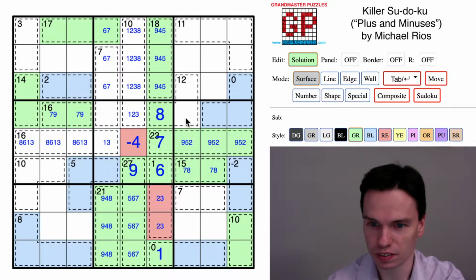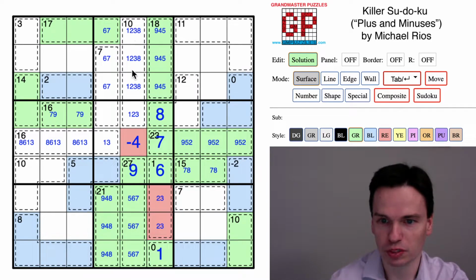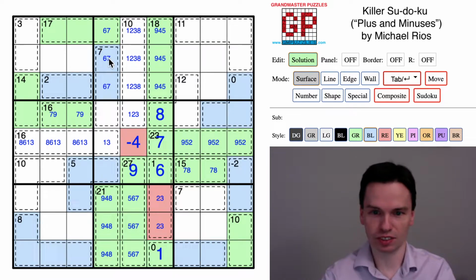And I think we'll have to sort of keep working from there. One thing to think about in particular, where this 10 cage at the top has just one negative value in it, this cage to the left has at least one negative in it.